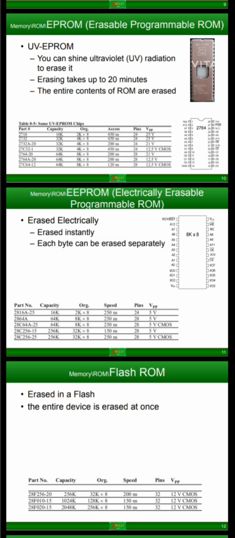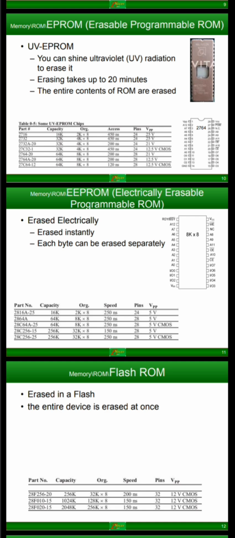Then we have the electrically erasable programmable ROM, which is erased electrically and instantly. Each byte can be erased separately. In this we can see a ROM of 2K by 8 bits each.